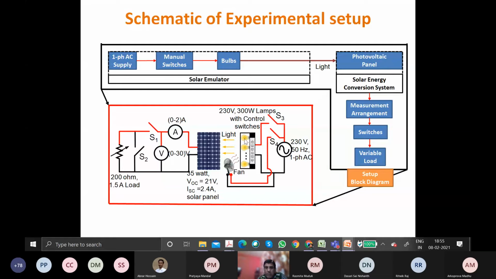There are 16 lamps, and we can switch them on and off individually with the different switches on the board. Then the single phase supply is connected to this lamp arrangement, and there are cooling fans also. Okay, so it's a simple setup, not very difficult to understand. Any question here?